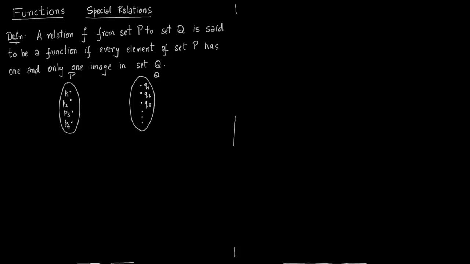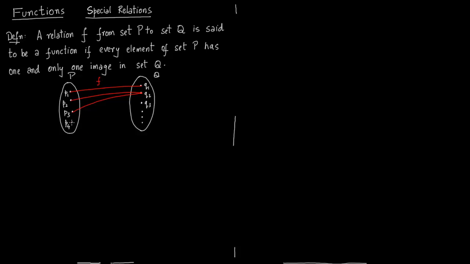So every element in set P has one and only one image in set Q. So P1 is mapped to Q1, say P2 is mapped to Q2, there is only one image of P2, that is Q2. P3 is also mapped to Q2, but P3 has only one image, Q2.